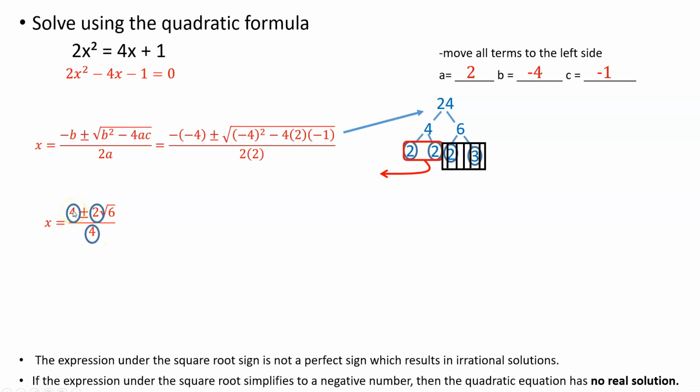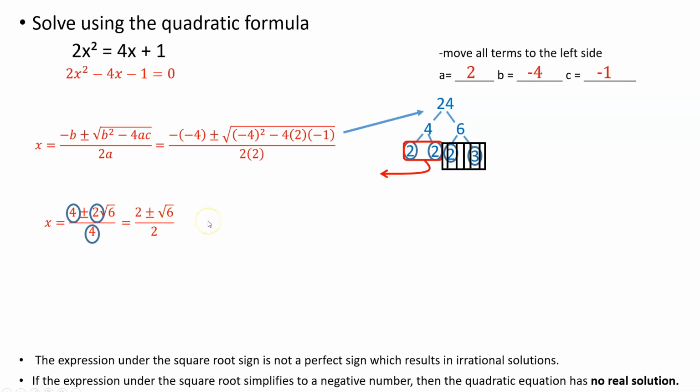I can divide 4 by 2, and I can divide 2 by 2. 4 divided by 2 is 2. 2 divided by 2 is 1. So this becomes 2. This becomes 2. 1, we don't need to put a 1 in front of the square root of 6, just like we don't put a 1 in front of a variable. This then is your final answer, this 2 plus square root of 6 divided by 2.